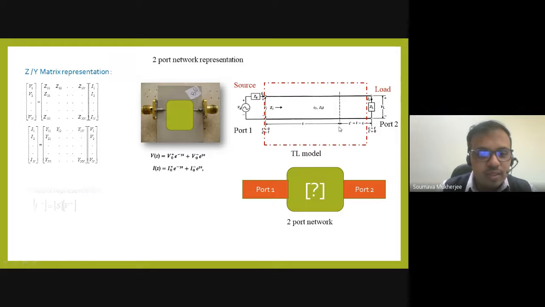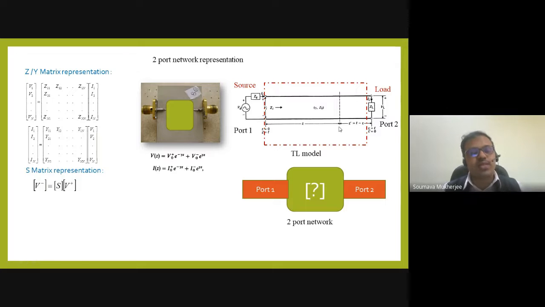So from that concept actually came the S matrix representation. I am not sure how many of you have gone through this scattering matrix representation. S stands for scattering matrix. So what we typically do here is, instead of voltage and current, we are actually separating the incident voltage and reflected voltage and making a ratio of these, and that we are representing as a matrix which will represent this black box.